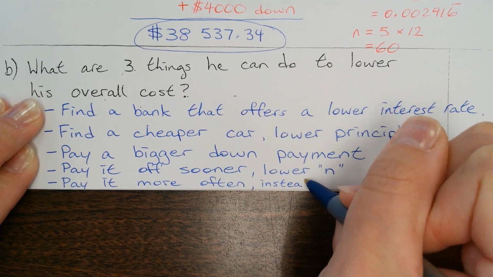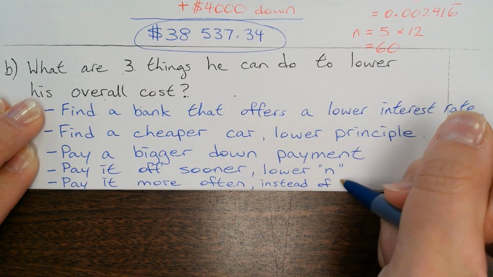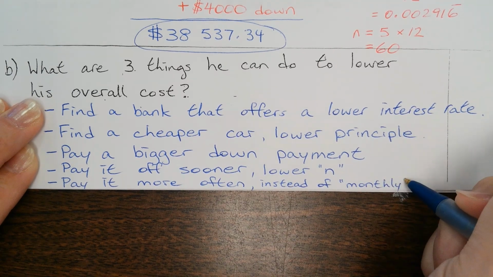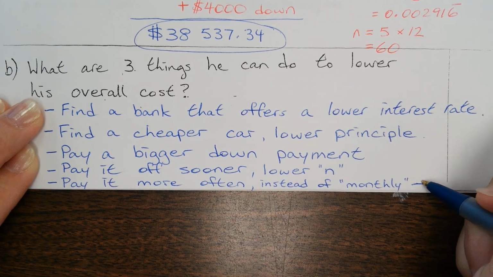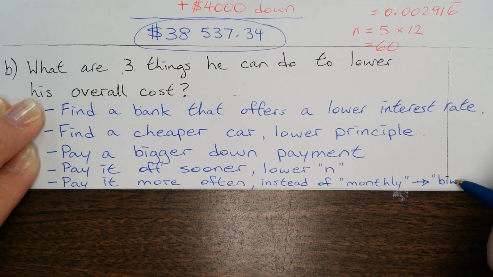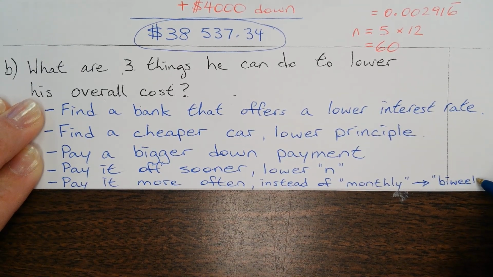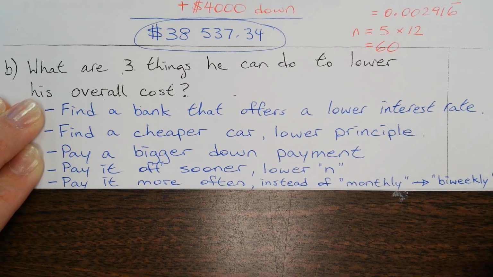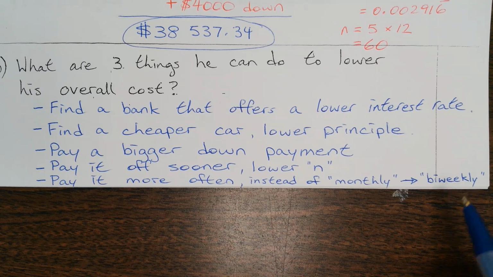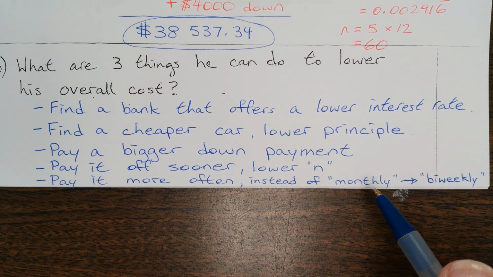Instead of monthly, you can do, for example, bi-weekly. Why does paying it more often reduce your overall interest? What happens to your principal amount if you keep paying it?